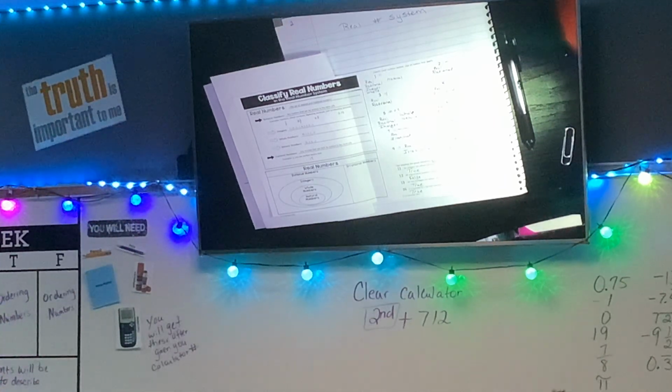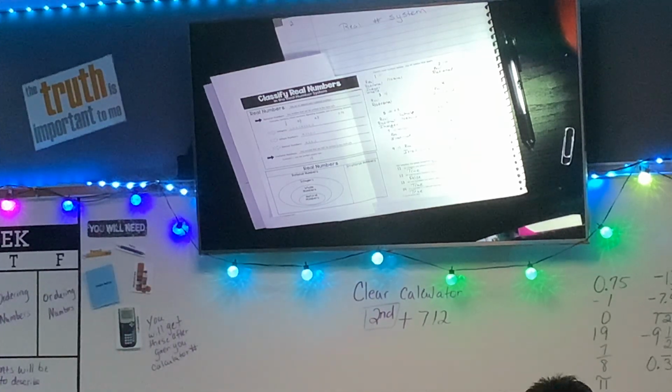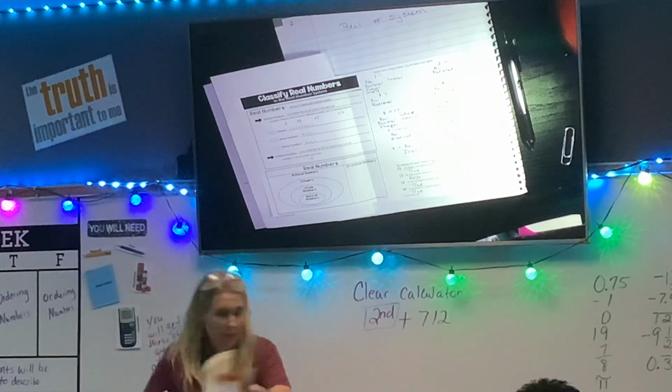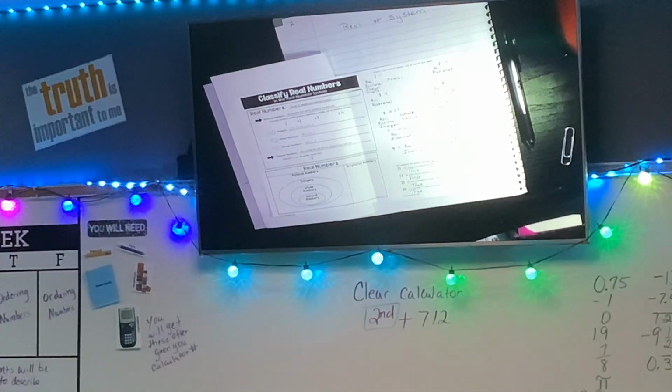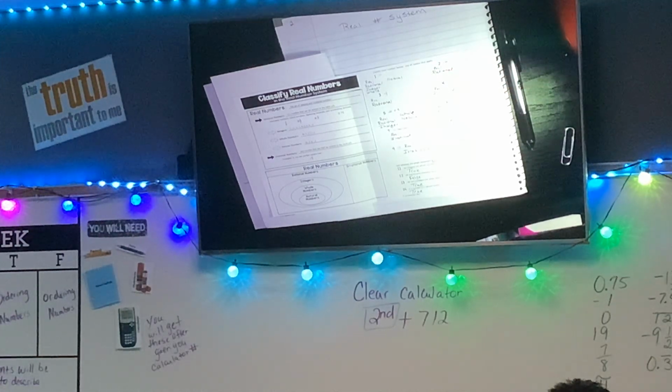So it was kind of like a jigsaw. Okay, where did you put negative 13? Integers, good.